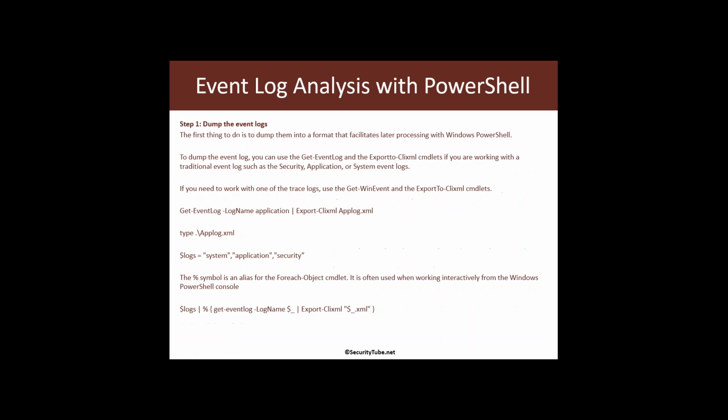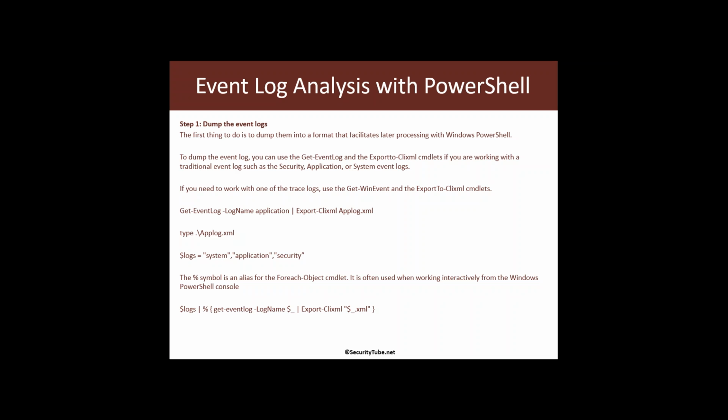Now, what you're going to see me do after I do that, right in here, is where I do this Export-CliXml. I'm going to export it as app log, and then we can read the app log. Then I can create a variable called logs, and then I can say, okay, the logs equals system, application, and security. And then you can use the % symbol as an alias. This is different than that Cisco log you saw me do a while ago.